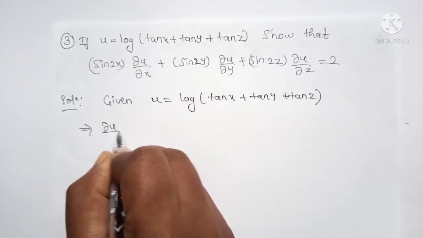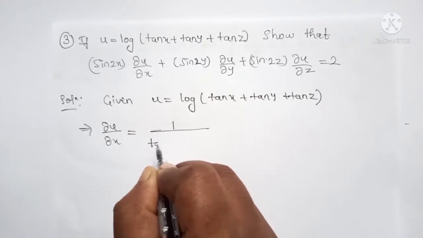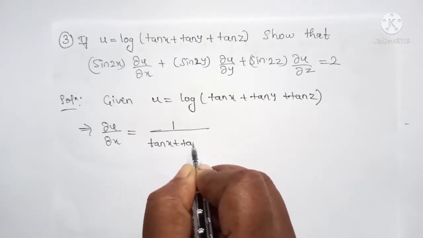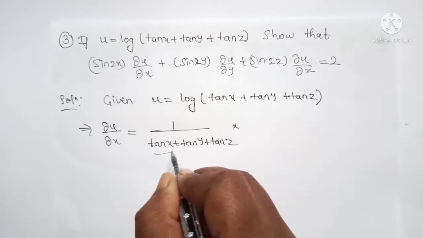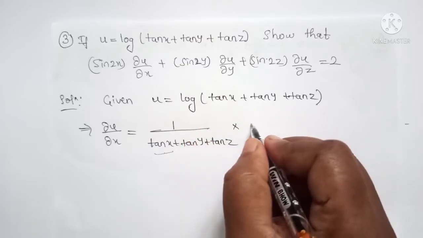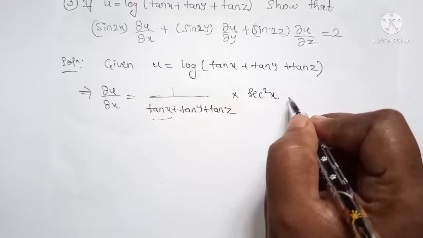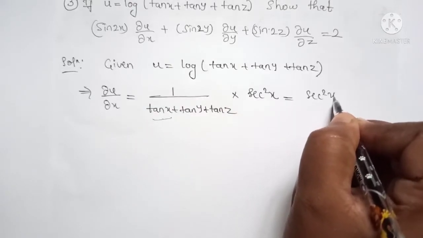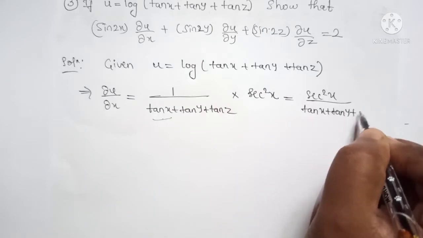Differentiating partially with respect to x, we get, the differentiation of log is 1 by the argument, so 1 by (tan x + tan y + tan z) into the derivative of tan x, which is secant square x. So we get sec² x divided by (tan x + tan y + tan z).